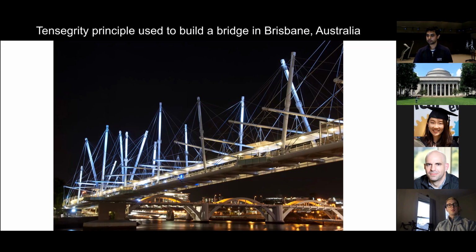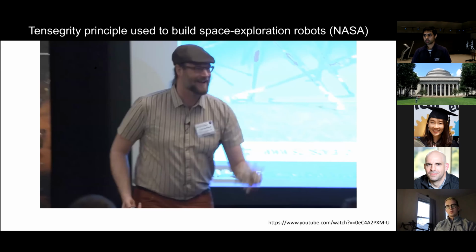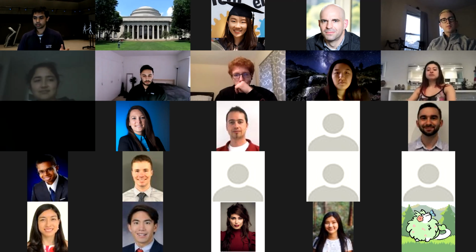Another application, there are many of these sculptures where it looks like all of these rods are just floating in the air, but they're incredibly powerful and resistant to external forces. They don't collapse very easily. NASA uses this to build space exploration robots. I'm going to reshare my screen with audio so you can hear what this person is saying.